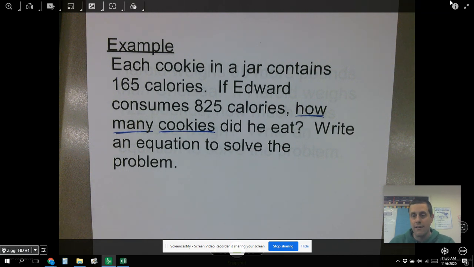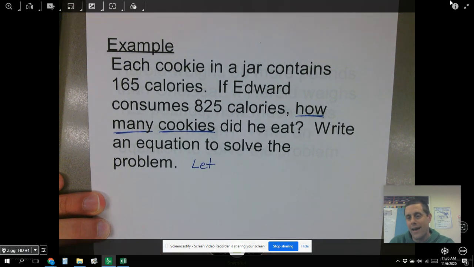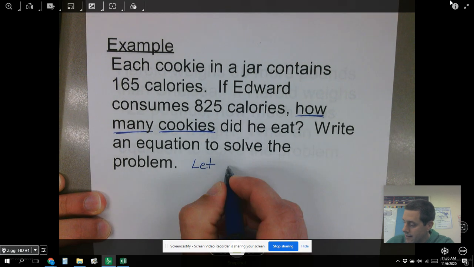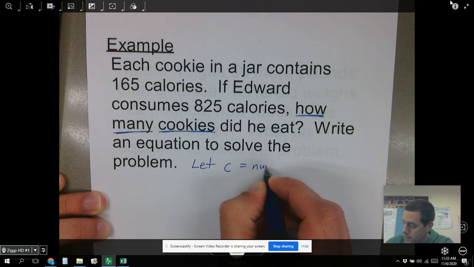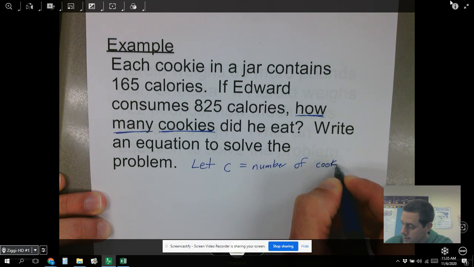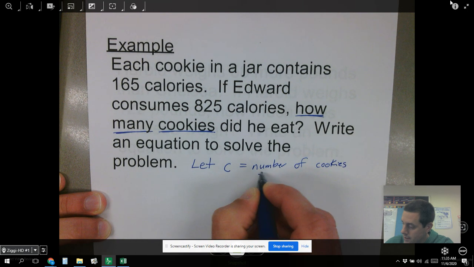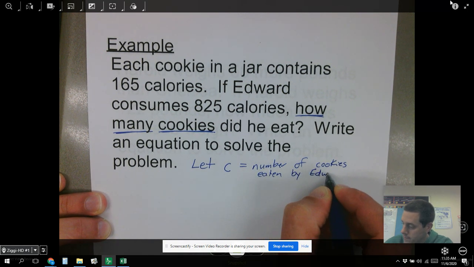And we're going to declare that variable using a let statement. So we're going to say let, and we can pick any variable in the world to represent these cookies. I'm just going to do C for cookies. Let C equal the number of cookies eaten by Edward.